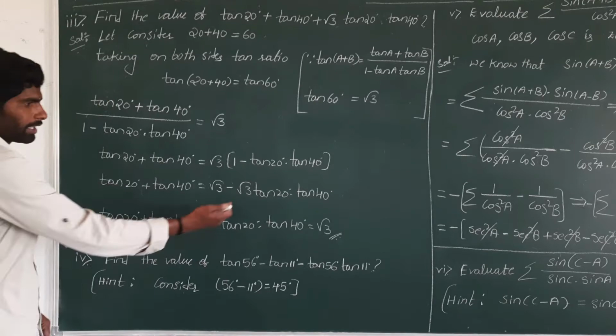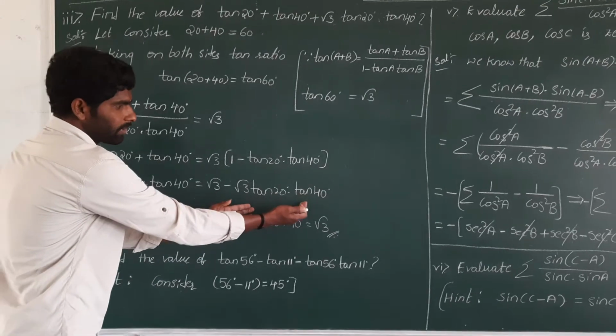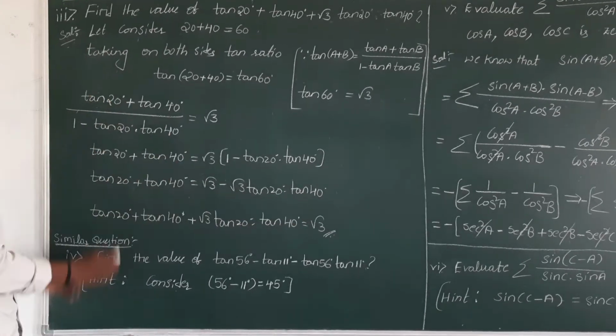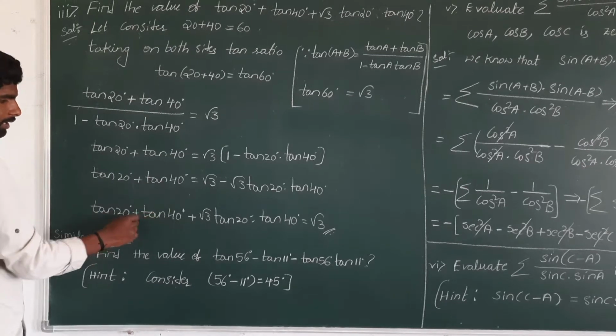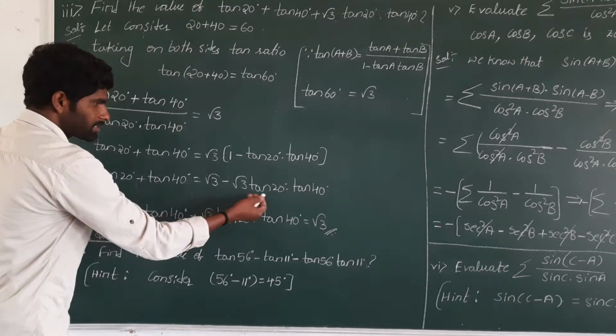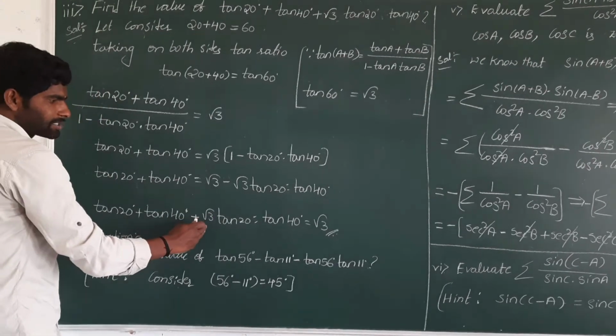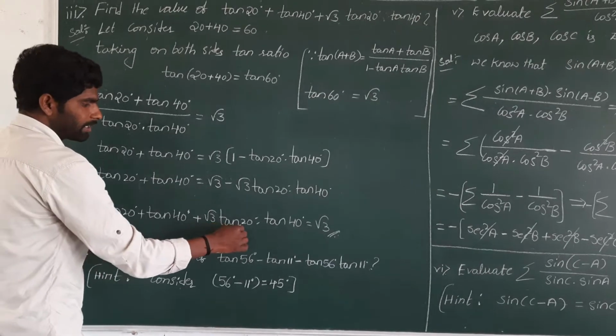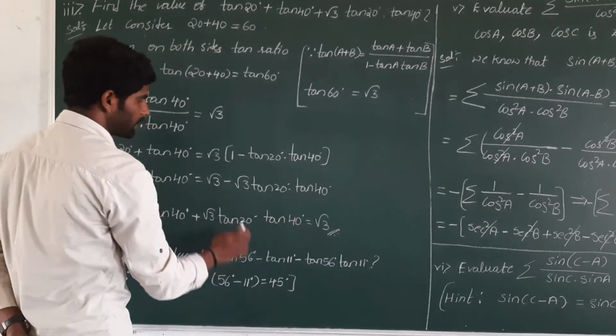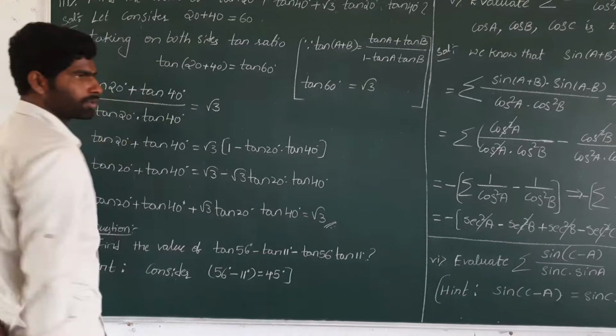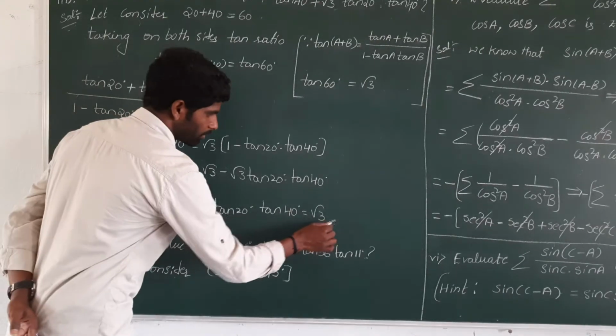Here minus root 3 tan 20 tan 40 we can take to the left side, where it becomes plus root 3 tan 20 tan 40. On the right side we have root 3. So the answer here is root 3.